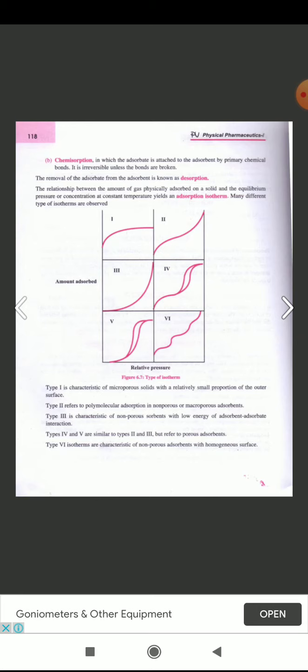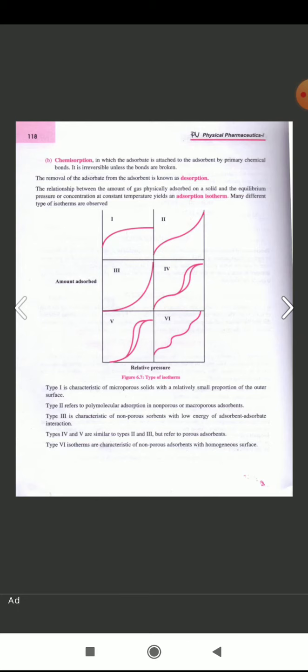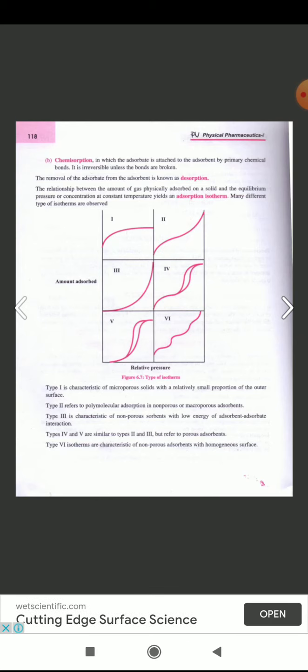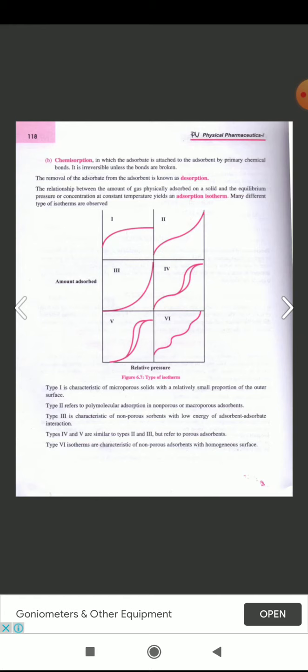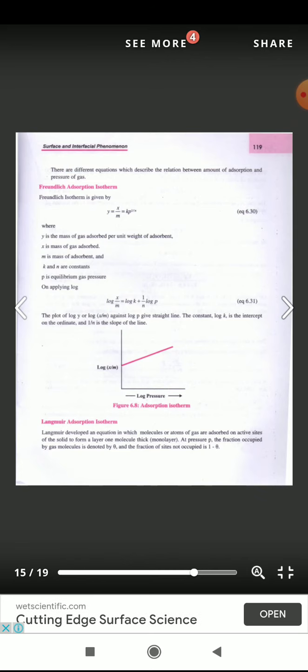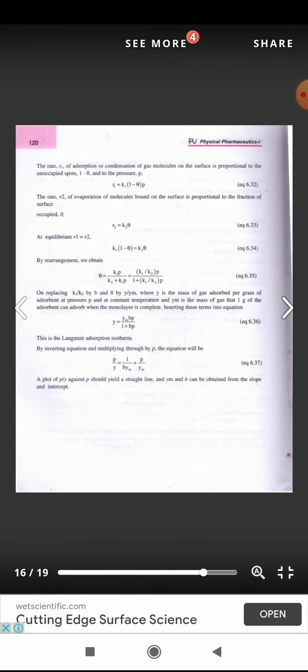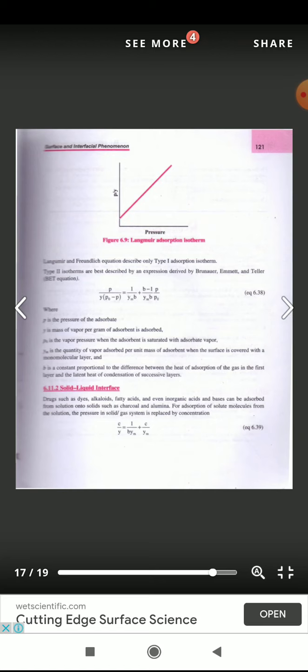Type 2 is polymolecular adsorption, and type 3 is non-porous sorbents with low energy adsorbent-adsorbate interactions. Type 4 and 5 are similar to type 2 and 3, only for porous; those are non-porous, and here is porous. And type 6 is isotherms that are characteristic of non-porous adsorbents with homogeneous surfaces. Freundlich and the others we will do in detail, because that is of 10 marks.